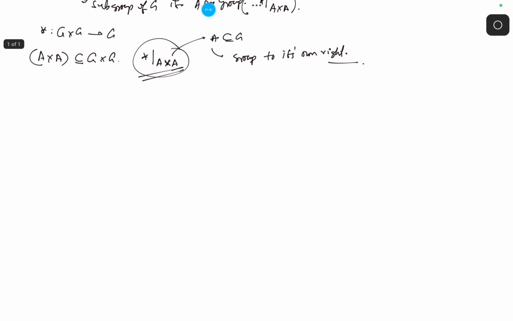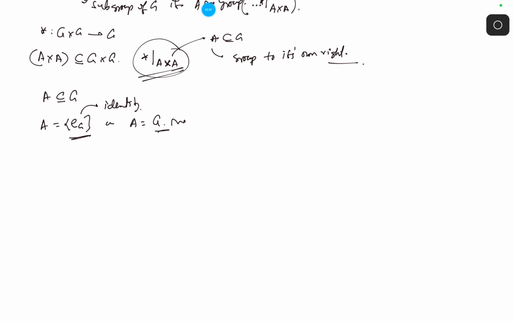Also I said that A is a subset of G, so one can easily see that A might be the singleton of e_G, which is just the identity group, or A can be the entire group G. If a subgroup is either the identity or the full group, these two are said to be trivial subgroups.